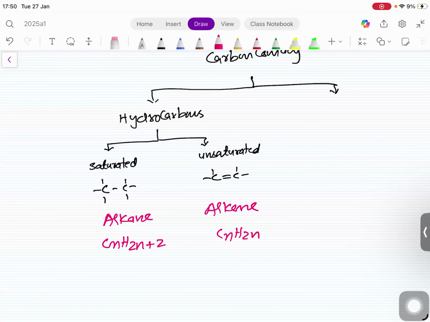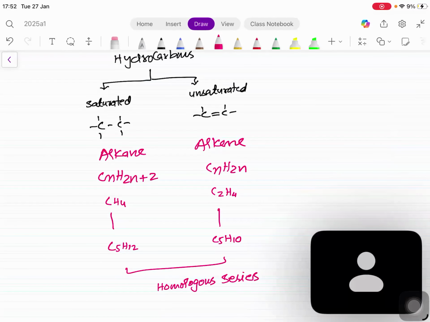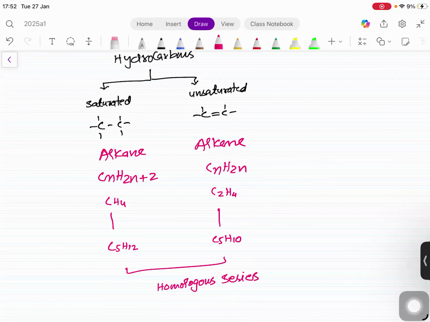Homologous series. It means their compounds differ by one CH2 unit.